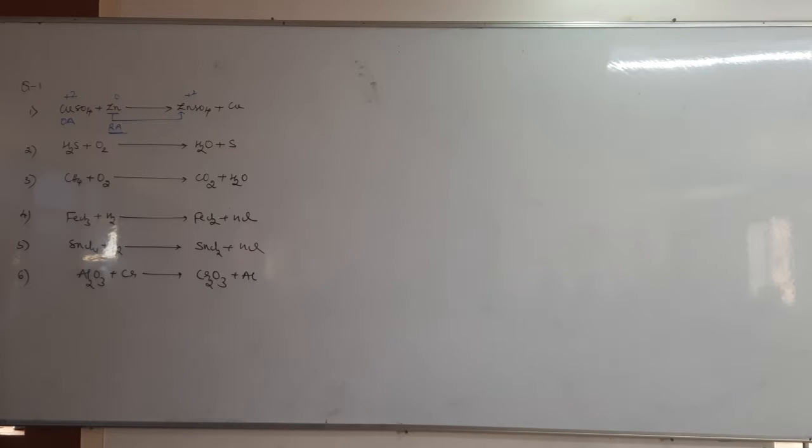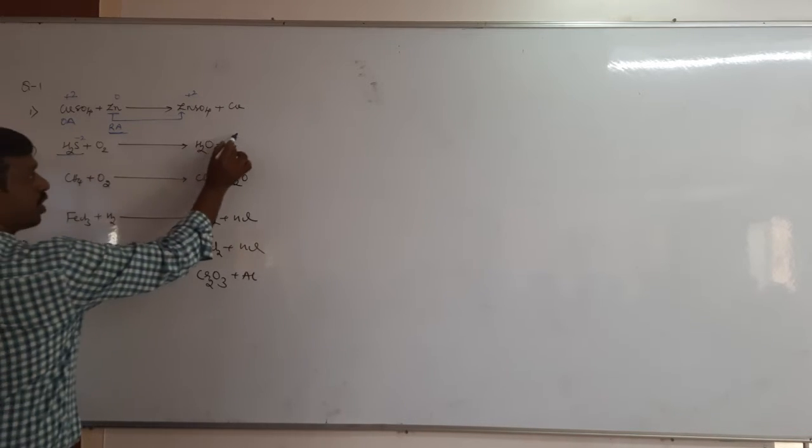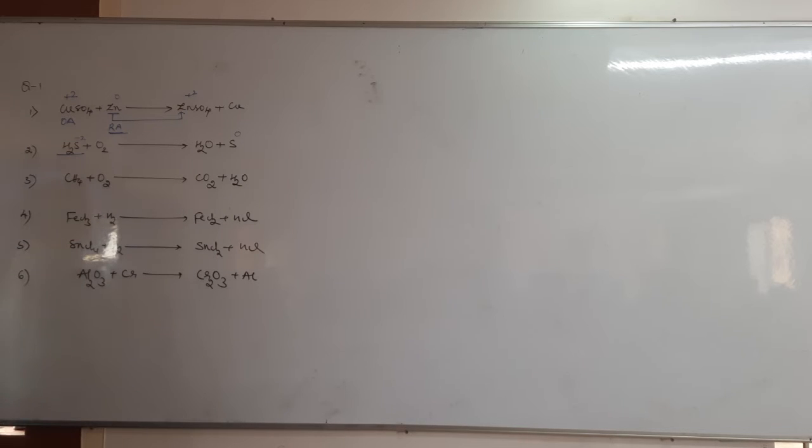Tell me, H2S, is it reducing or oxidizing? Sulfur is -2, right? -2 is converted into 0. -2 to 0 is an increase in oxidation number. So H2S undergoes oxidation, therefore it is a reducing agent.